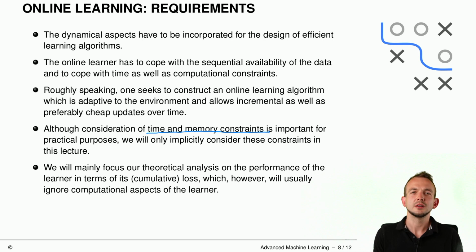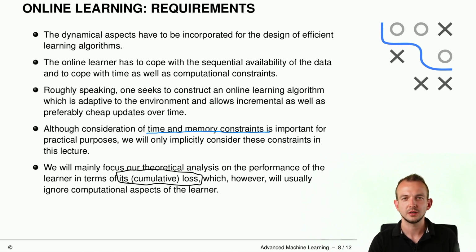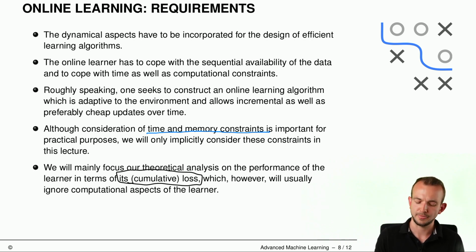But the measure we will use for the theoretical analysis will only look at the performance of the learner, in the sense that it's tracking the cumulative loss. Because it's rather difficult to incorporate these time and memory constraints into one single number. So it's rather something like a multi-objective thing, but still the time and memory constraints are not that easy to incorporate.